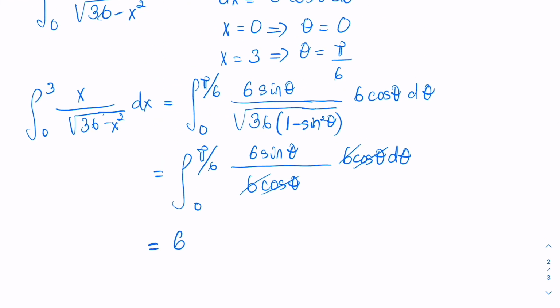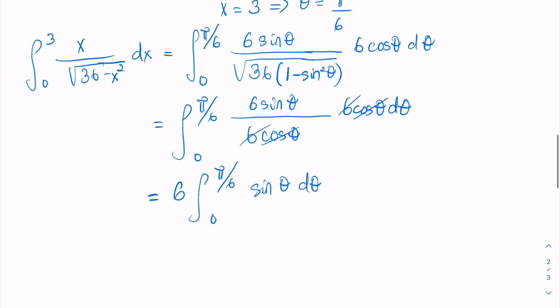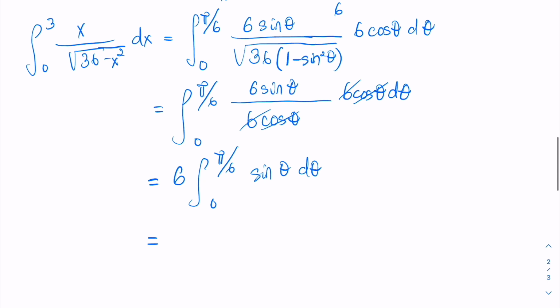So we're going to have 6 from 0 to pi over 6 sine theta d theta. And when we integrate that, it turns into 6 negative cosine theta. And we want to evaluate from 0 to pi over 6.